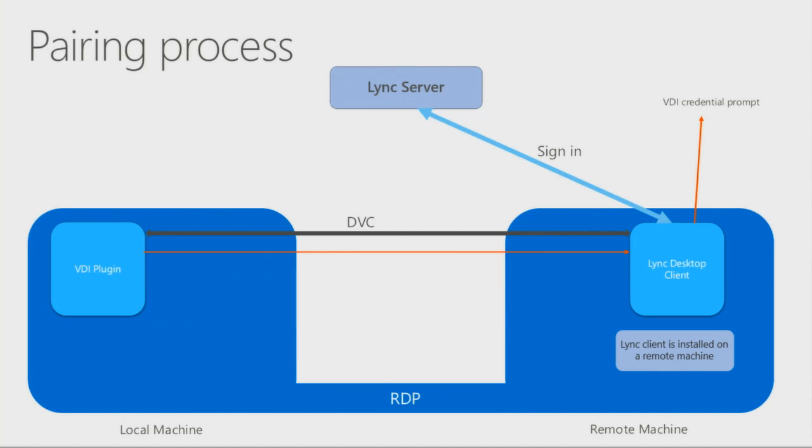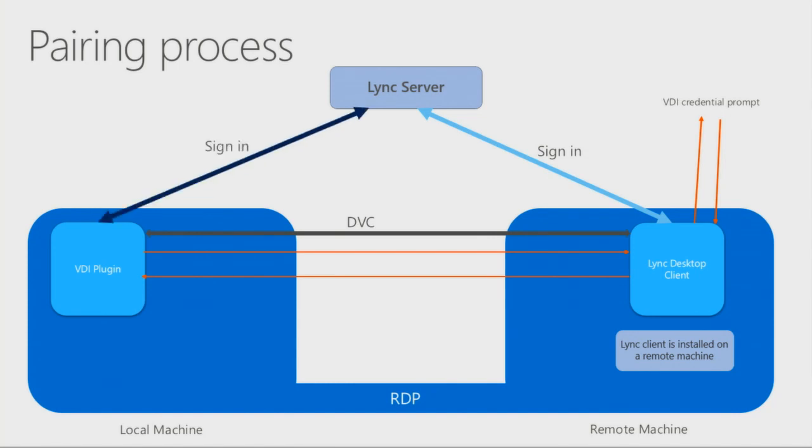And once it's done, it won't come up again because the credentials are cached locally. So once the user gets the prompt and enters the credentials, the full desktop client will send it back to the plugin. Plugin will get the credentials. It will use the user name. It will use the domain part of that. Using the domain piece, it will discover the Lync server.